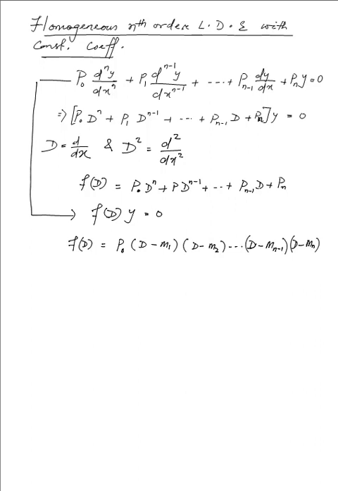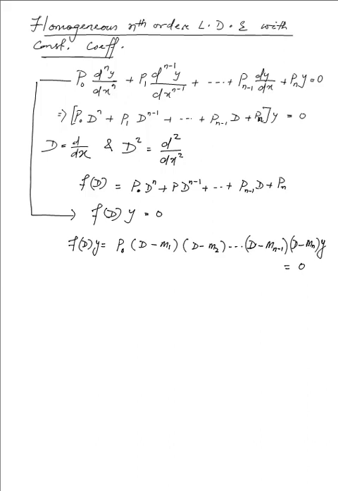And as we take it to the above equation, what we obtain is f of D operating on y, with y added on the right hand side as well. So this would equate to 0, considering the homogeneous equation at hand.